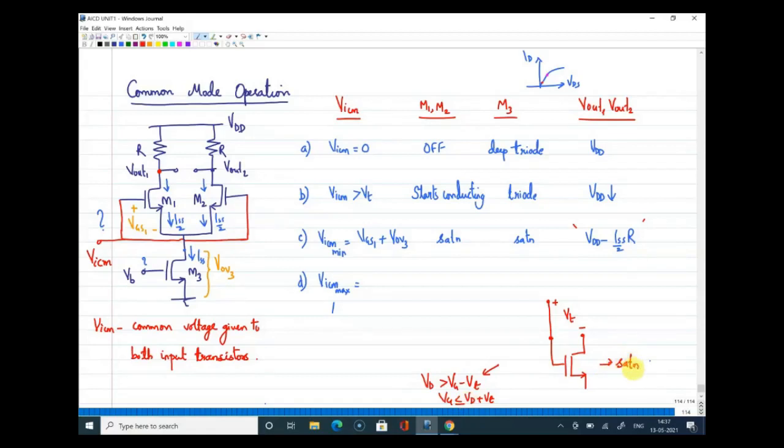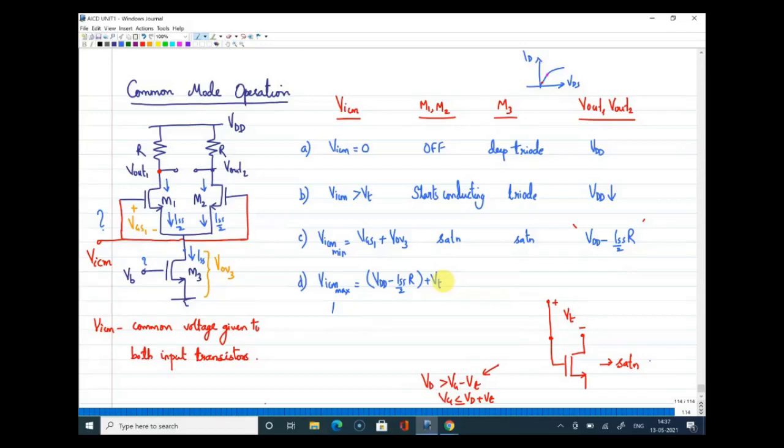If that is the case, how will I write VICM maximum? Now the drain voltage is VDD minus ISS by 2 into R, and this gate voltage can go one threshold higher than this. So by applying that principle, I can write that VDD minus ISS by 2 into R is the present drain voltage, and the gate can go one threshold higher than this also.